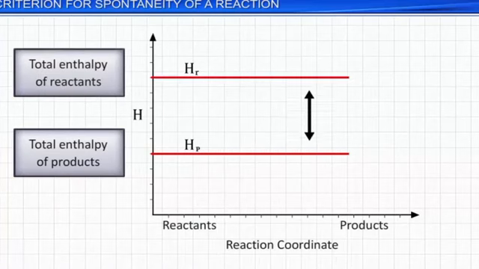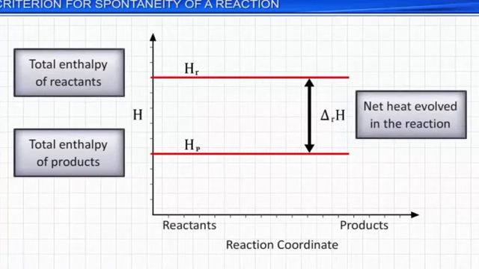As seen in the diagram, the reaction is accompanied by evolution of heat. That is, the enthalpy of the products is less than that of the reactants. Thus, we can conclude that a reaction is spontaneous because it is accompanied by a decrease in enthalpy. Or, we can say that decrease in enthalpy is the criterion for spontaneity.